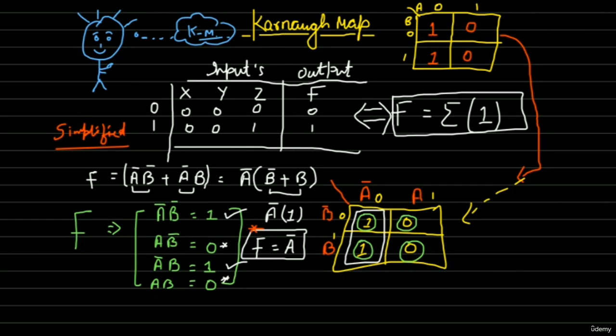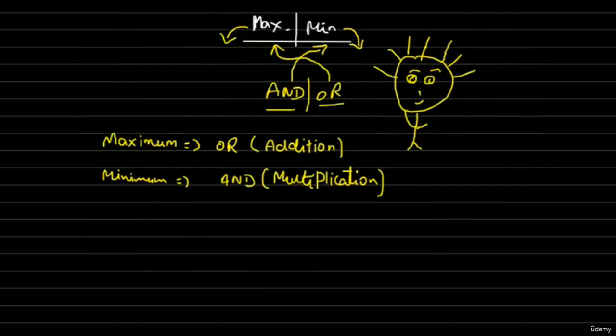Now we are going to learn the next level of the Karnaugh map. Okay, so why have we learned the maxterm and minterm thing? Well, this is the canonical or standard form where we are going to learn two more concepts relating to the Karnaugh map. Let me tell you everything that we are going to learn.